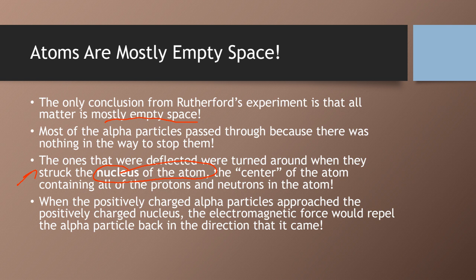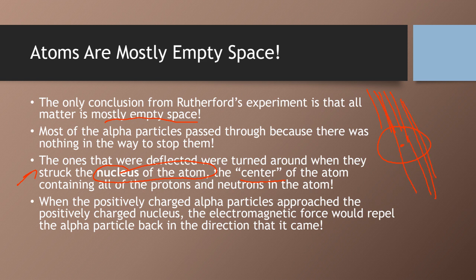So if we can draw some atoms, if we have atoms with a center, and there are alpha particles coming in towards the center, most of the ones that don't hit the center are going to pass right through.